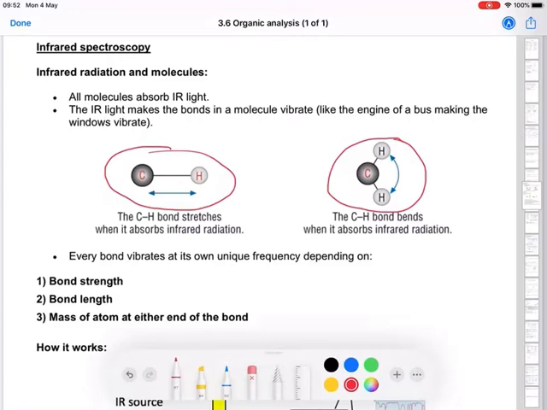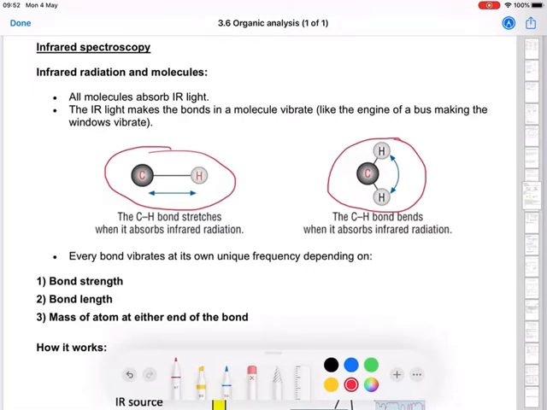The reason they vibrate is because the natural resonating frequency of the windows and the bars just happens to match the frequency of the engine at the back of the bus. This is exactly the same. The natural resonating frequency in the covalent bond just happens to match some specific and unique frequency in the infrared region of the electromagnetic spectrum.